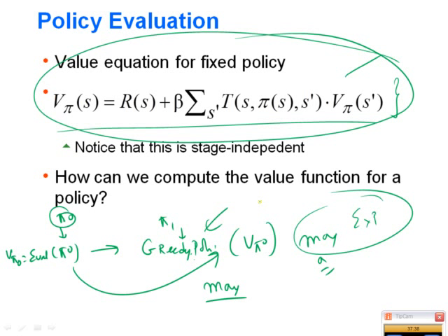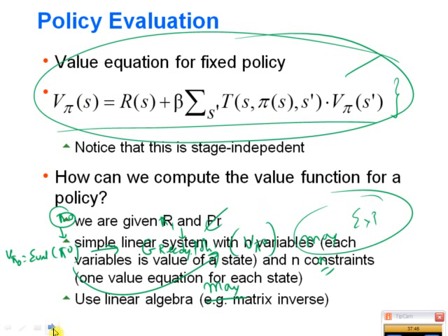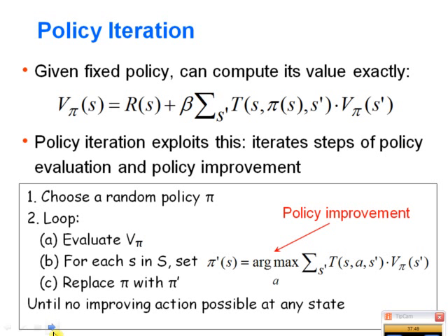So this is basically the policy iteration algorithm. You choose a random policy pi and you loop, where you first evaluate the current pi to get v pi.